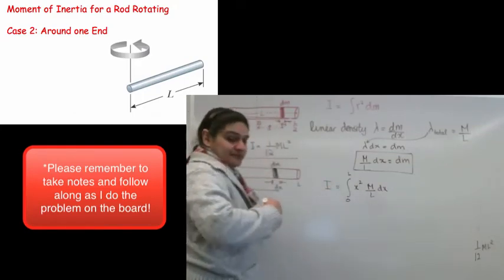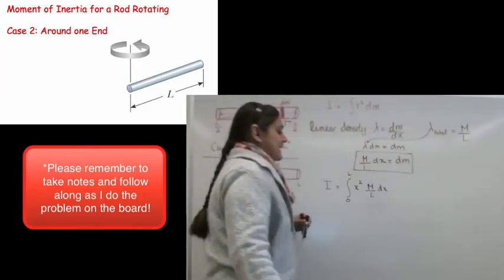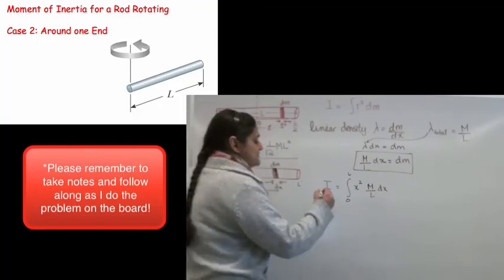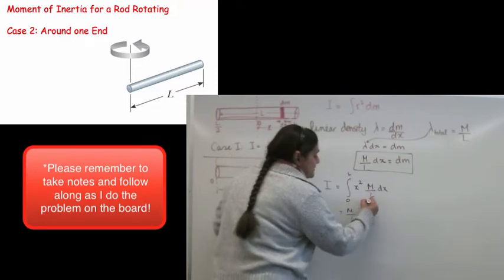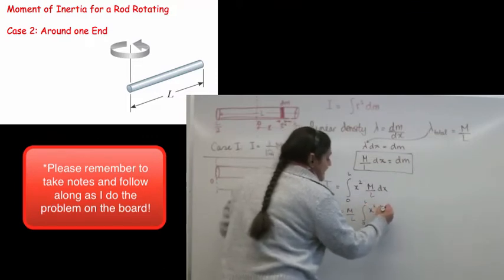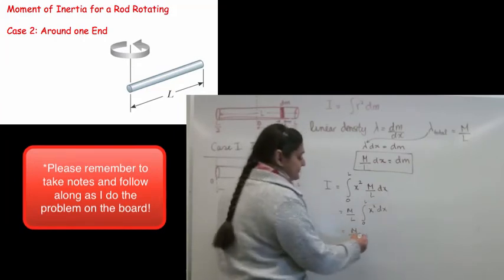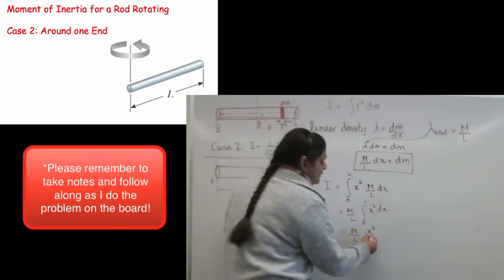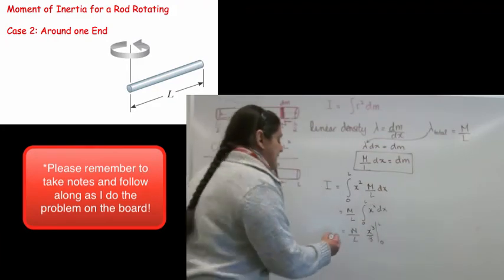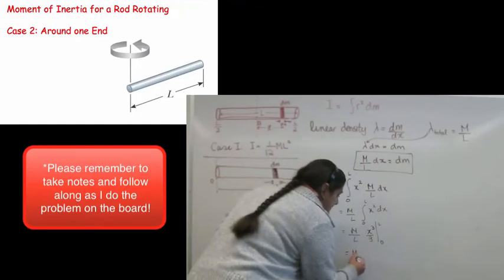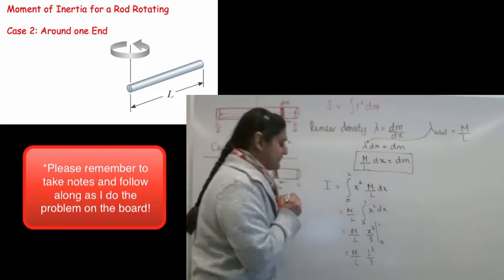I forgot to erase this, so I'm going to erase that. This means I can rewrite this as m over L integration 0 to L x squared dx, right? And that means I'm going to get m over L x cubed over 3, and the limits will be 0 to L. And that implies it's going to be m over L times L cubed over 3, right?